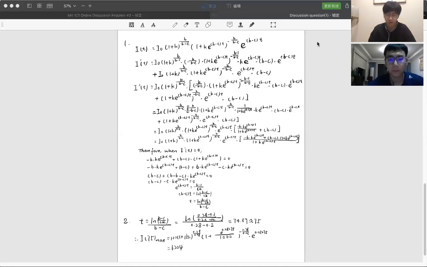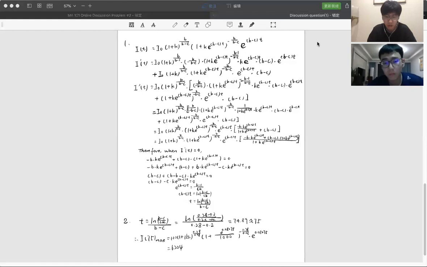Yep, that's right. For the second question, since in question 1 we have already solved the equation that represents the maximum t value, and in question 2 they gave us the exact values for these constants b, c, and k, for the first sub-question we can simply substitute these values into the equation from question 1.